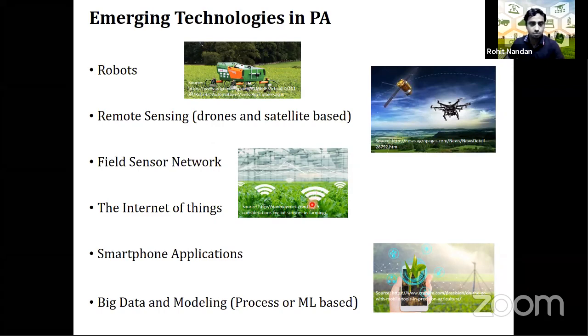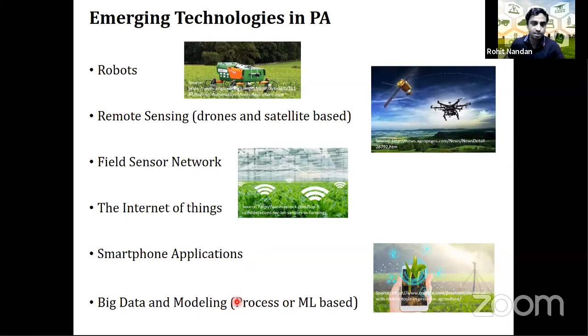Using smartphones, we can also take images if any crop has some disease or pest. That information we can collect and send to the expert. The expert can then tell us what measures we should take. So smartphone is also a very useful tool nowadays.